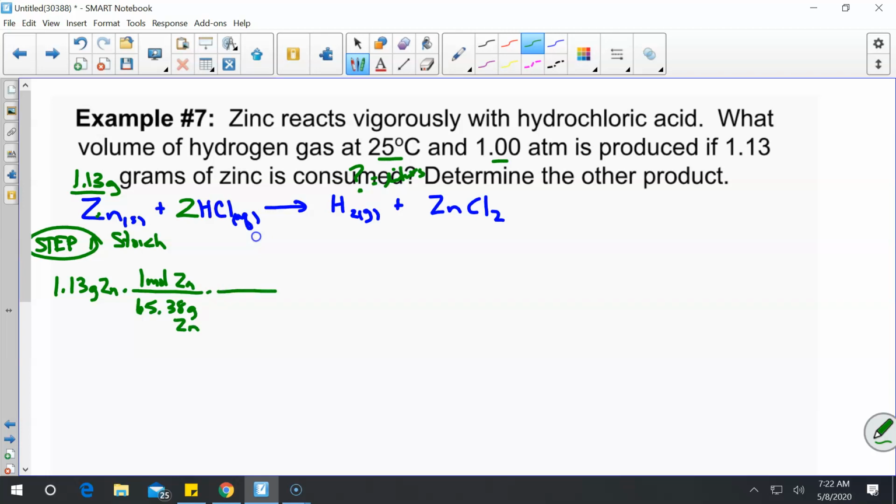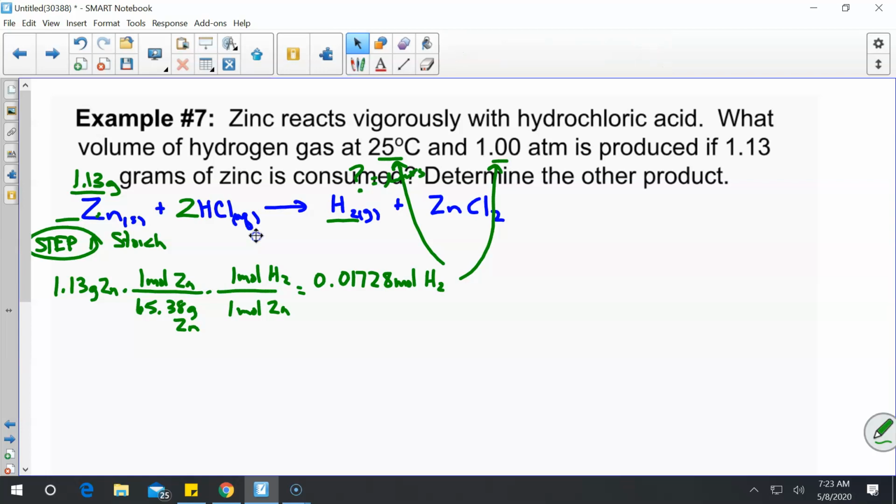Times, don't I know it's 1 mole of hydrogen to 1 mole of zinc, right? This is 1 to 1. When I do my math, I got 0.01728 moles of hydrogen. Okay, now I know my moles of hydrogen, and I want to collect this gas at these conditions.